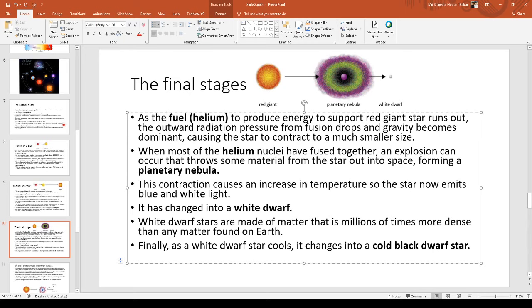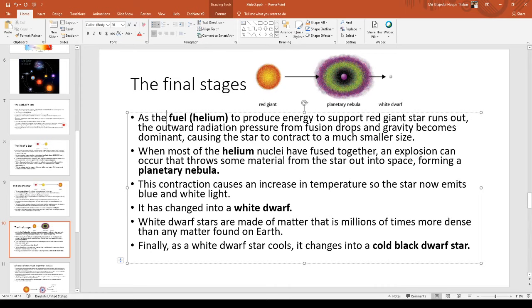So as the helium is running out, the star cannot produce as much energy as before, right? I will explain the planetary nebula in a second. The fuel helium runs out, so obviously less and less nuclear fusion occurs, right?